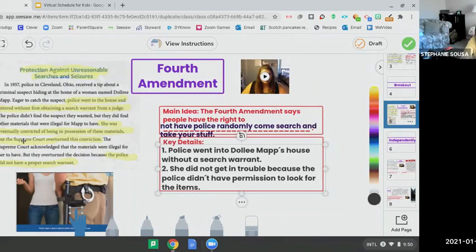It says that the Supreme Court overturned this conviction, meaning the state of Ohio said you're in trouble, but the Supreme Court of our country said, no, she is not, because you didn't have permission to look for those things. So she did not get in trouble because the police didn't have a search warrant to look for those items, okay? So your key details did not have to be exactly the same as mine, but they should be along the same lines.